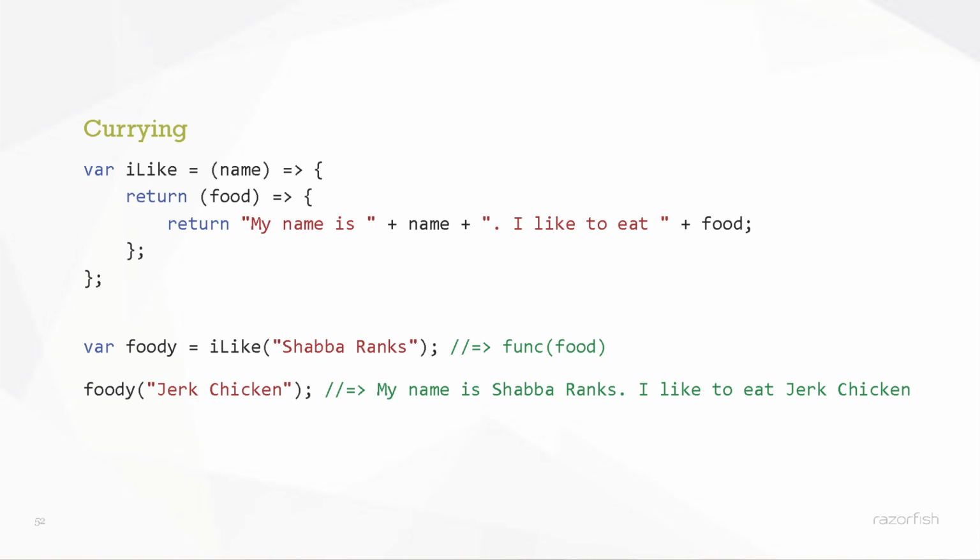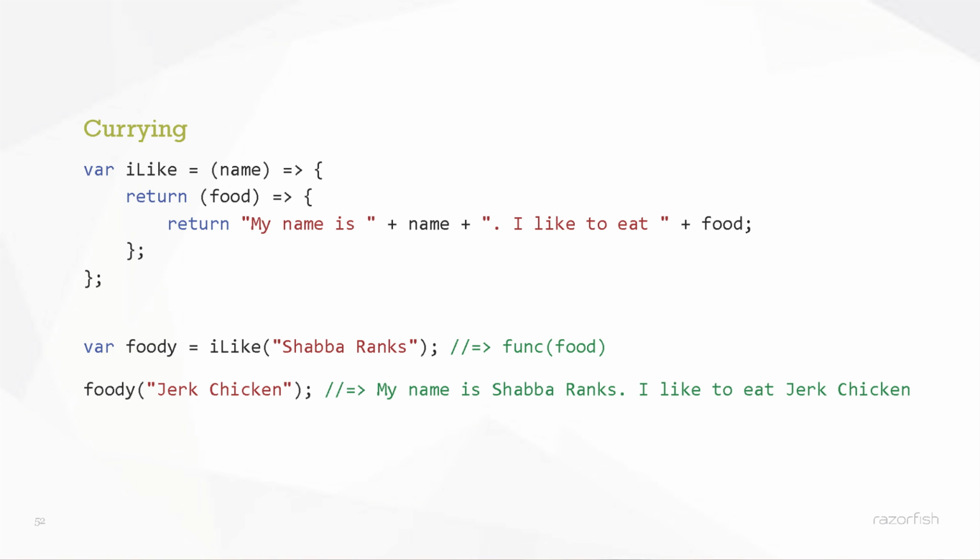So here I have a function that returns a function that also takes an argument. What I can do here, it's not really a constructor, but sort of a constructor where I can define foodie there and add in my first argument.